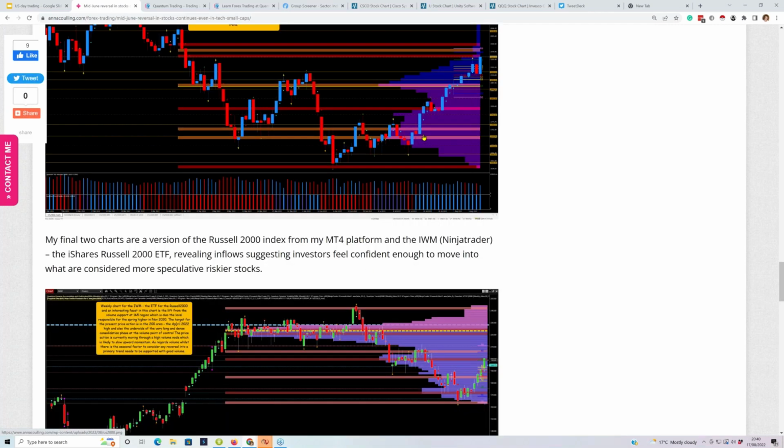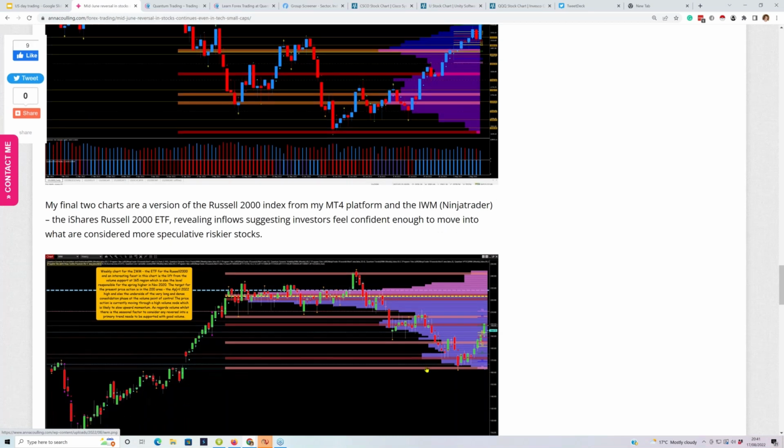As we can see, if an uptrend is higher highs and higher lows, there's no disputing that. Compare it to even the NASDAQ and the S&P, where there have been periods of consolidation, but this has been powering higher. And the ETF for it, which is called the IWM, is exactly the same. It's been in an uptrend.